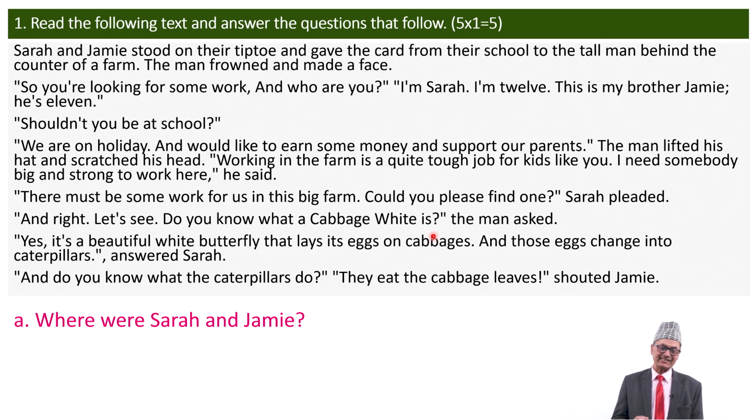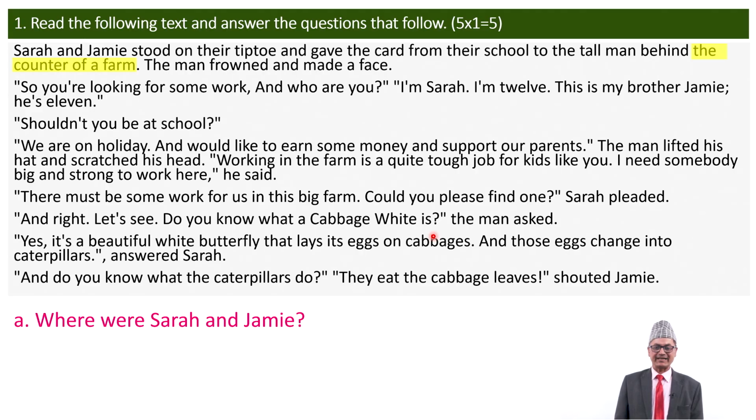So this is a literal comprehension question. You get only one piece of information exactly given there. So where were they? Look, the information is the counter of a farm.